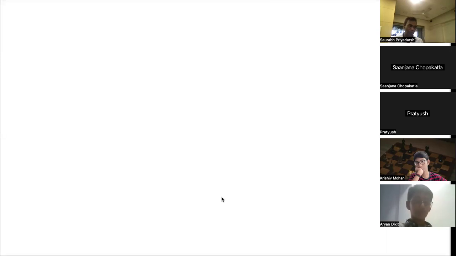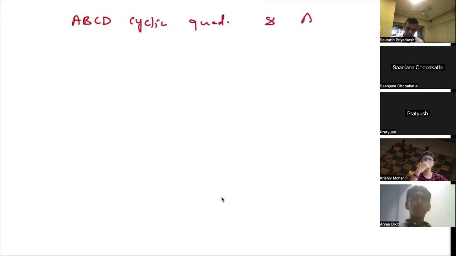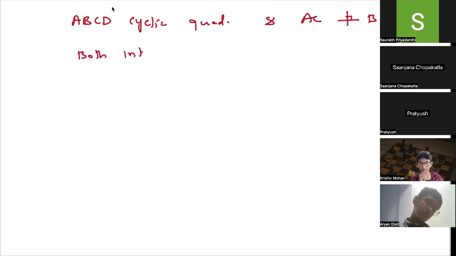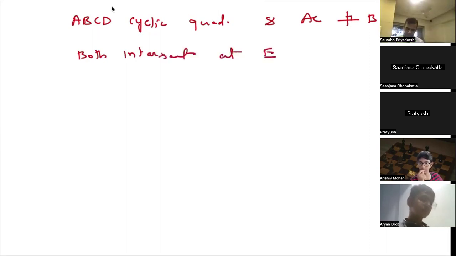One last now. ABCD is a cyclic quadrilateral, and AC is perpendicular to BD, both intersect at E. Find EA square plus EB square plus EC square plus ED square.